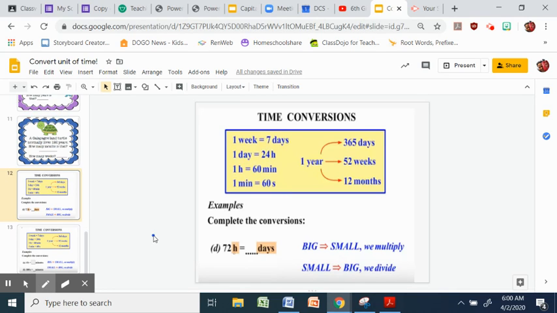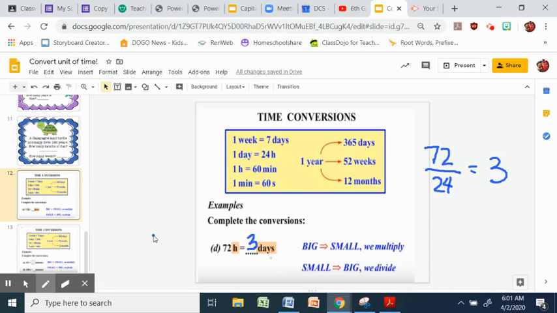Now, an hour is smaller than a day, so I'm going to divide. 72 hours is how many days? Here's 1 day, and here is 24 hours. How many times can 24 get into 72? 72 divided by 24 is 3. So 72 hours is equivalent to 3 days.